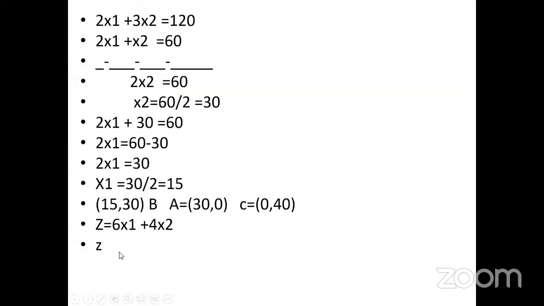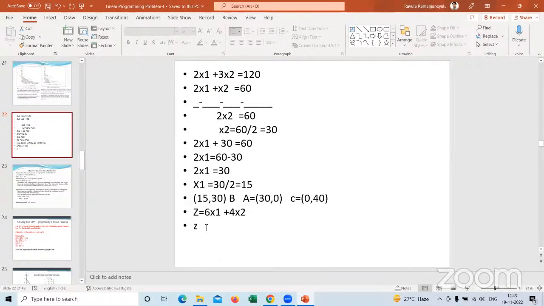If you substitute A, 30 comma 0, that means x1 is 30, x2 is 0. So 6 into 30 becomes how much? 180. Are you getting my point, or shall I explain? Yes, sir.